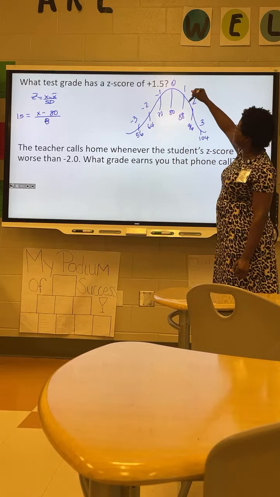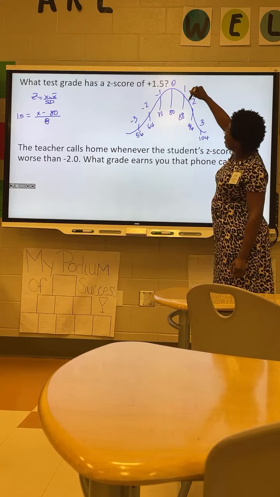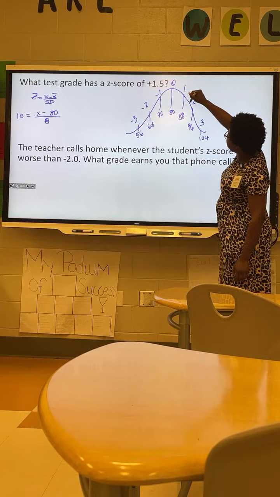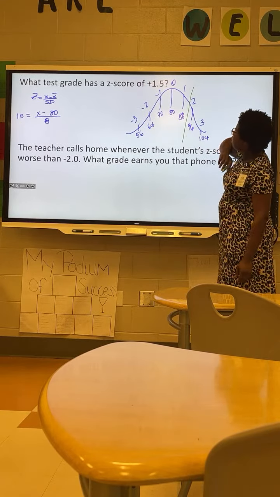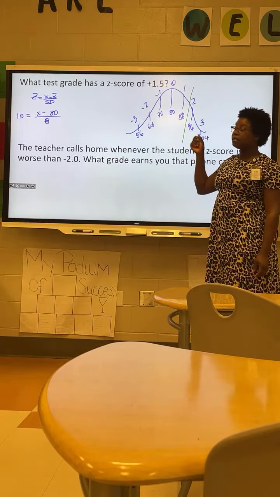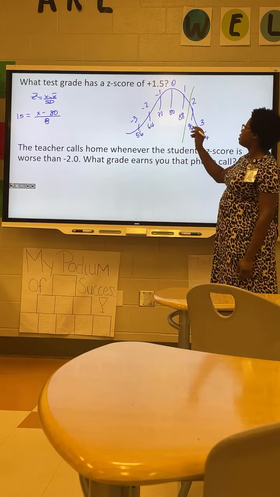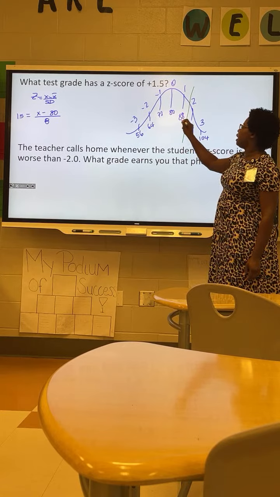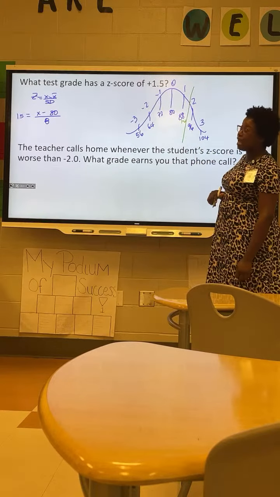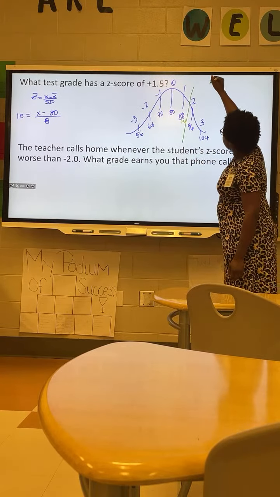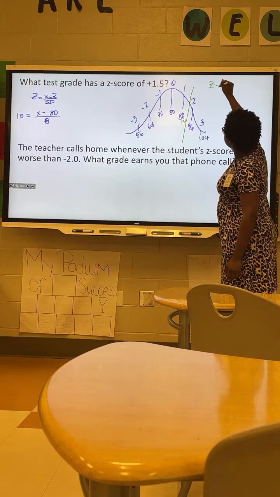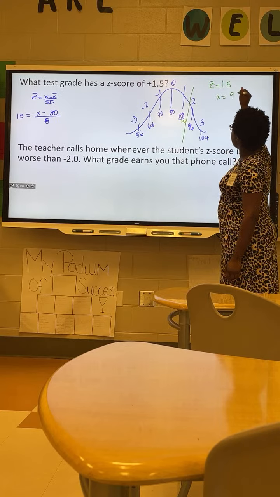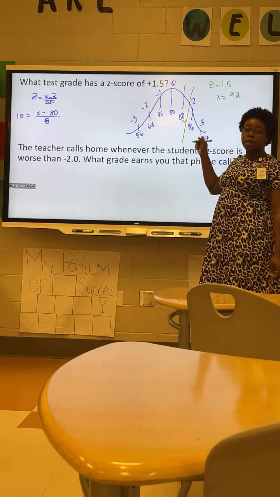So since that is 1.5, it has to be somewhere between 1 and 2. Since that is 8 apart, half of 8 is 4. So here would be 88 plus 4 to give me 92. So when z is equal to 1.5, x is equal to 92.